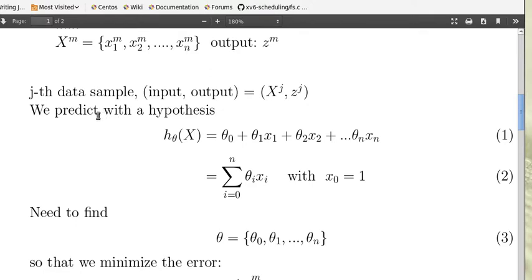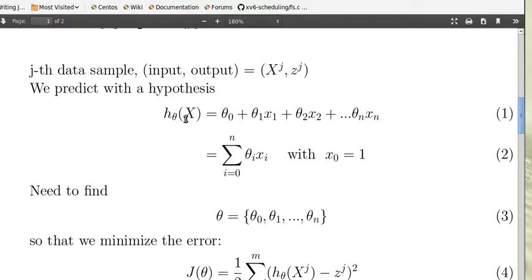We can do this by assuming a hypothesis, say h theta of x, which depends on x. And we assume that this hypothesis can be expressed in this form: theta 0 plus theta 1 x1 plus theta 2 x2 plus and so on up to theta n xn, or written in the math form, the sum from i equals 0 to n of theta i xi. We define x0 to be 1.